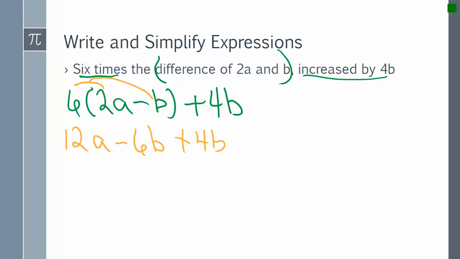Well, I can see here, I just got one term with an a in it, that's 12a, but I've got these two terms right here that both have a variable of b. So I got negative 6b plus 4b. So negative 6b plus 4b is going to be negative 2b. And we're going to finalize this by 12a minus 2b, and we are done.